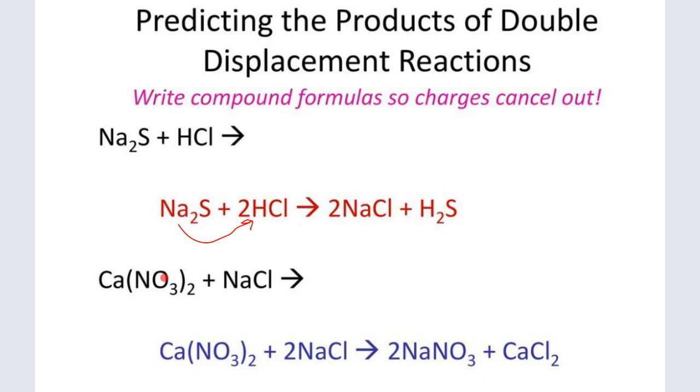Calcium, and so here's the calcium switching places here. This part's going to stay behind. So now we're going to get NaNO3 and CaCl2.